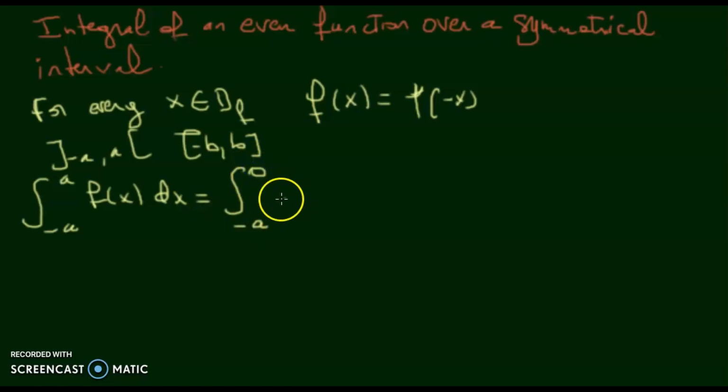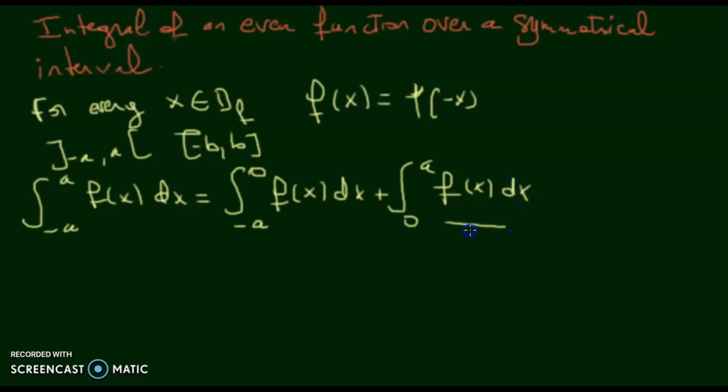It equals the integral from -a to 0 of f plus the integral from 0 to a of f. We're not going to touch the second one, but I'm going to tweak the first integral to make it look like the second one bound-wise. I'm going to do this by making a change of variable.